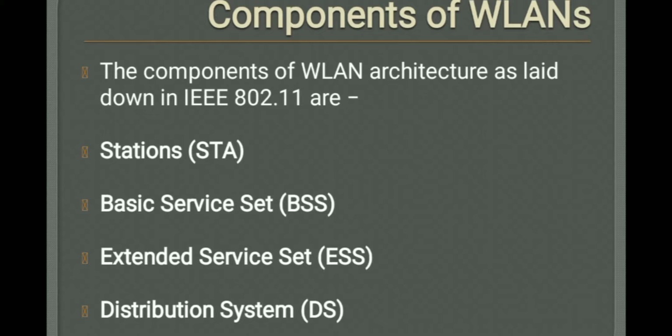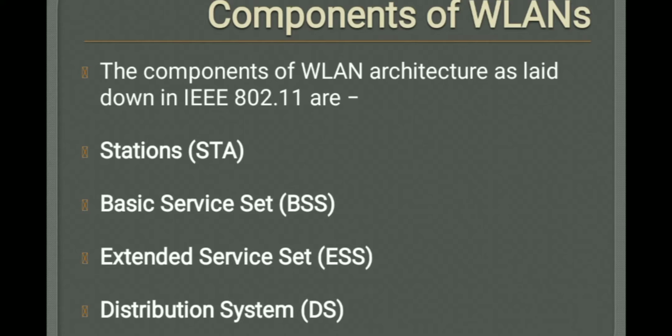So, what is a station? A station is a set of devices or equipment connected over a wireless LAN. Each station has a wireless network interface controller.